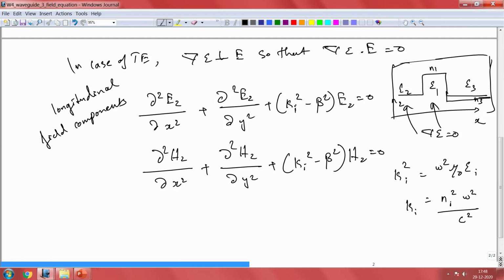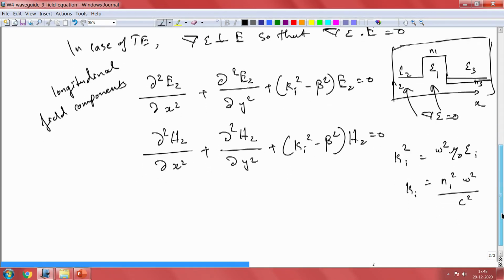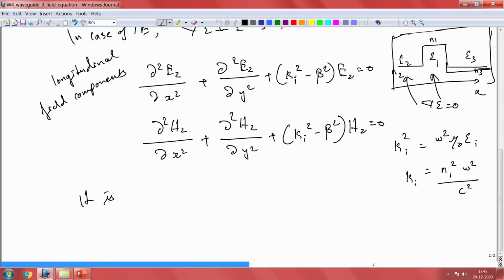If it is n2, this is a constant based on the refractive index. So, this homogeneous equation has the same form, written for each of these field components. You can do it for Ex, Ey, and then Hx and Hy. And it is important to note that it is not necessary to solve for all field components.